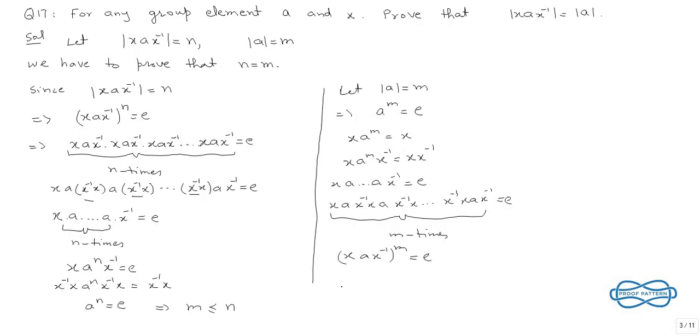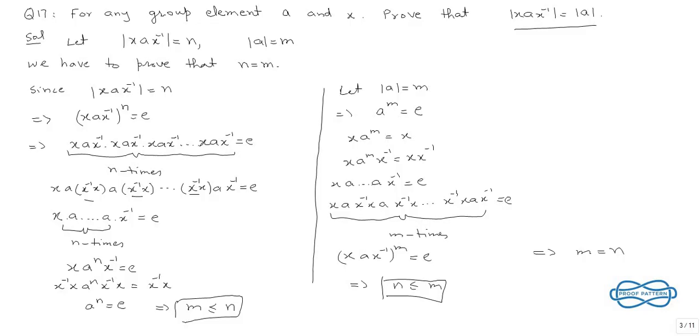Because the order of x a x inverse is n, this means that n is less than or equal to m. If we combine both inequalities, we get equality. This means m is equal to n, and that is what we want to show. So we have proved that the order of x a x inverse is equal to the order of a.